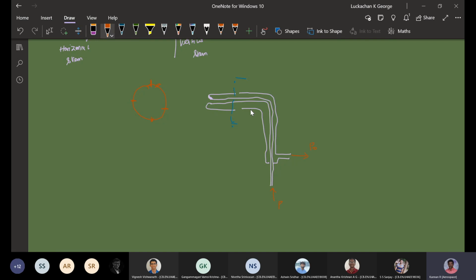Now, if you couple this to a pressure measurement system, what pressure measurement systems are there? We can use a U-tube manometer.